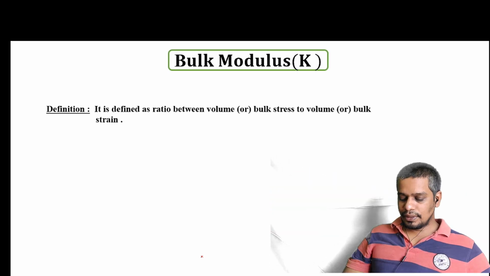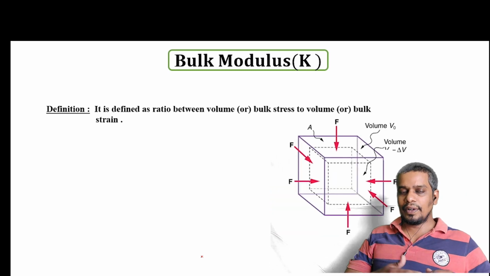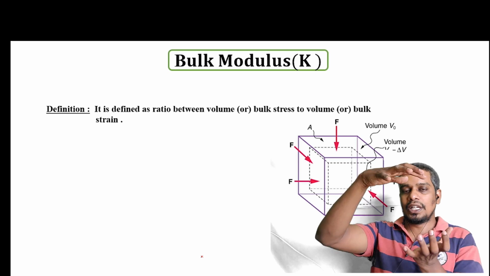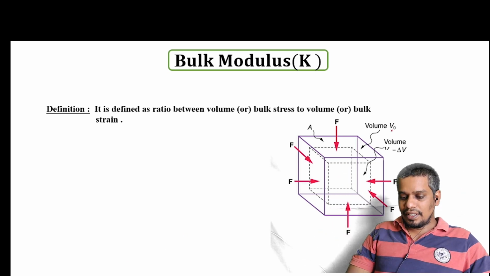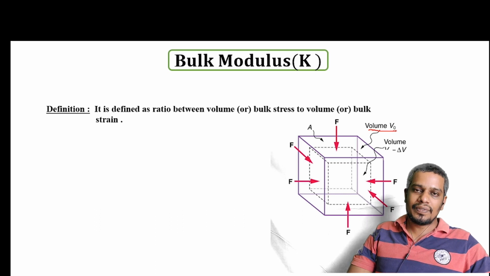So look at the diagram here. We are just compressing the cubical box on all sides. There are 6 sides. Here the original volume, before compressing, is V naught.